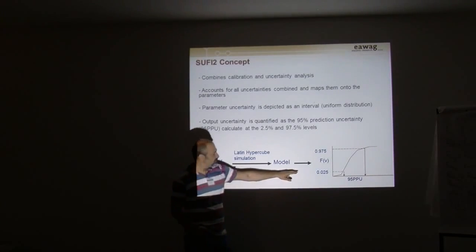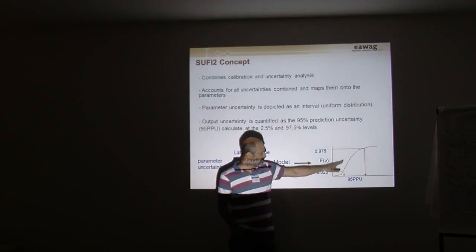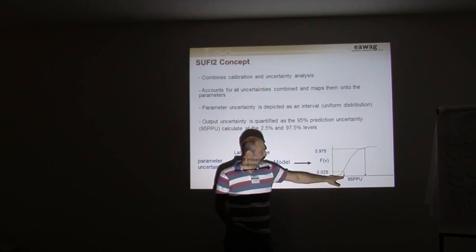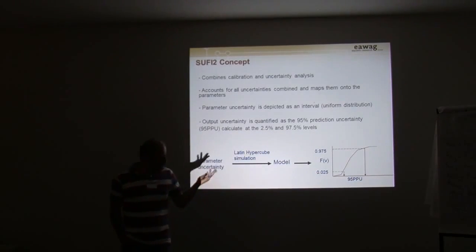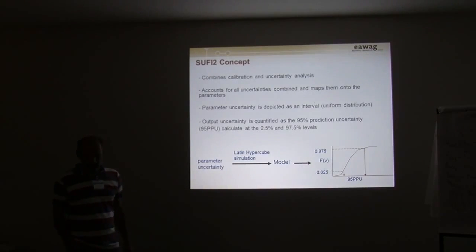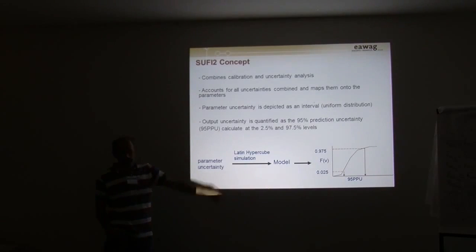Then you calculate the 2.5% and 97.5% levels, and this is the 95% prediction uncertainty for any variable, for discharge, for nitrate, for anything. So the input is the parameter ranges, and the output is the 95 PPU.